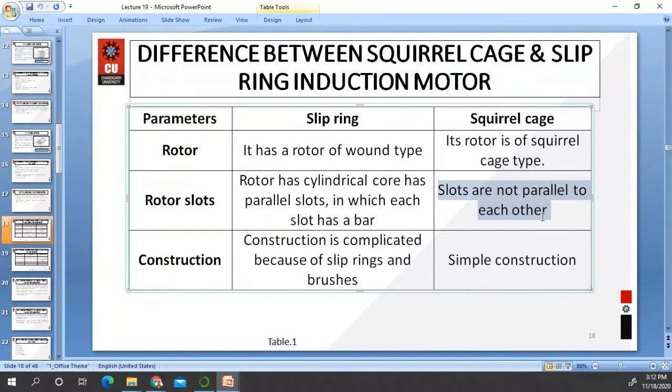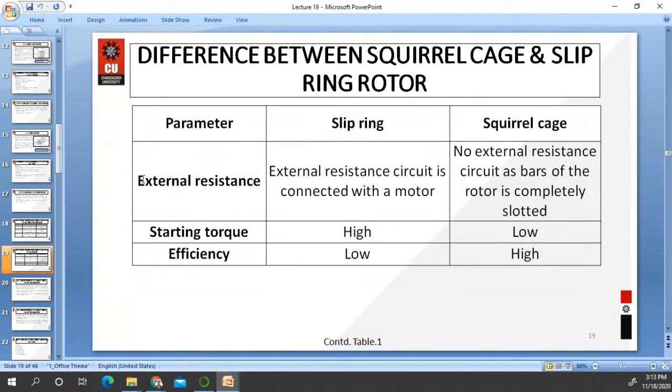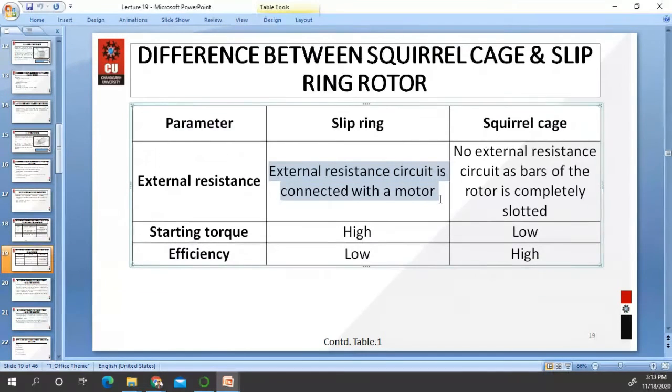We have explained this. Then construction: the slip ring construction is complicated because of the slip ring brushes, whereas squirrel cage is of simple construction. For external resistance, in slip ring an external resistance circuit is connected with the motor, whereas in squirrel cage there is no external resistance circuit, as the bar of the rotor is completely slotted.